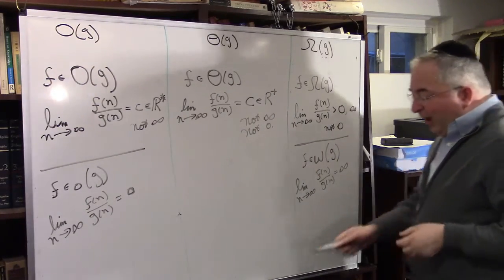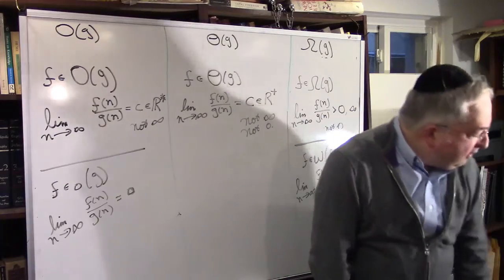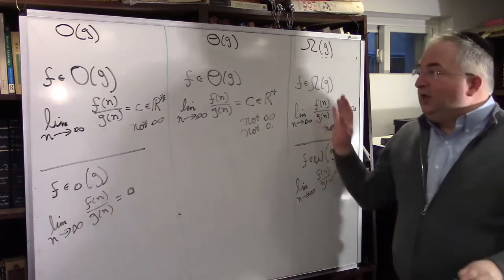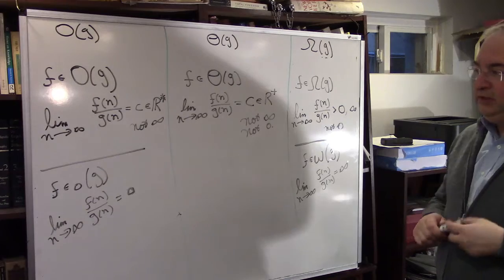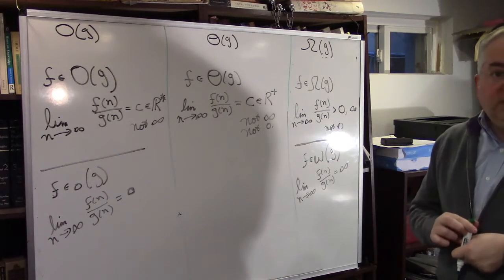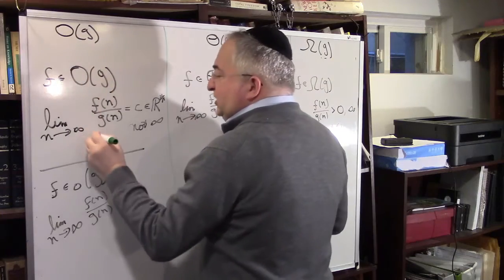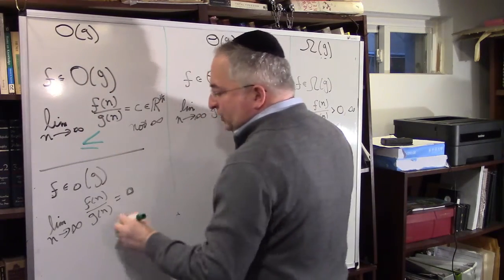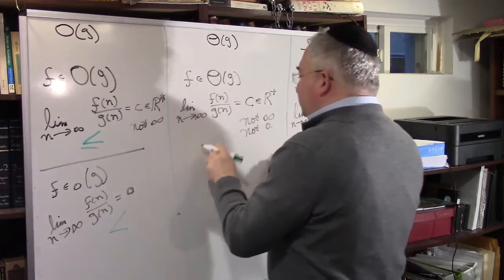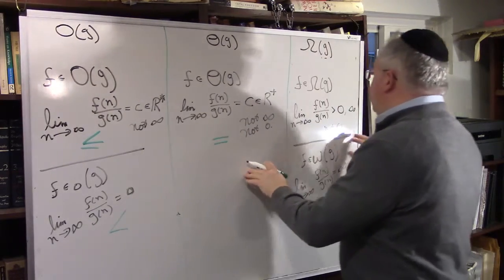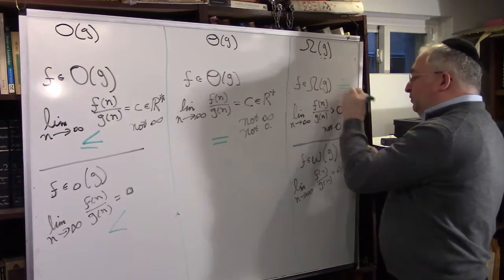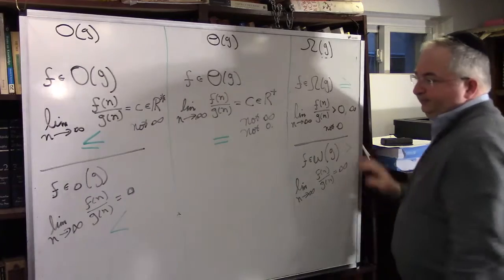We have 5 ways of describing these same things using these limits. Let's just remind ourselves, I did it 2 minutes ago, but let's remind ourselves what it means. This is less than or equal to, this is less than, this is equal to, this is greater than or equal to, and this is greater than.